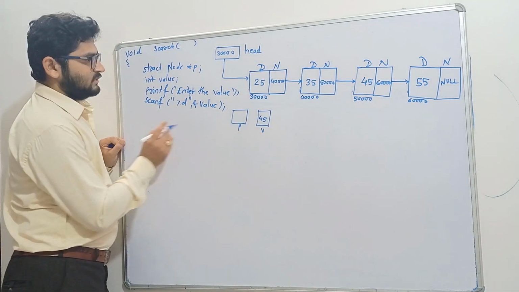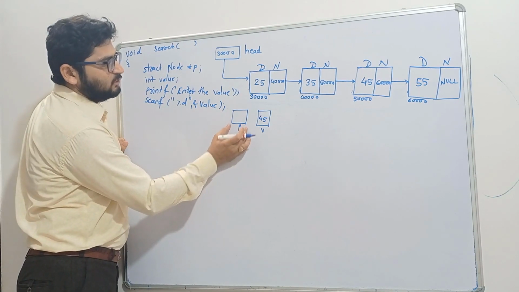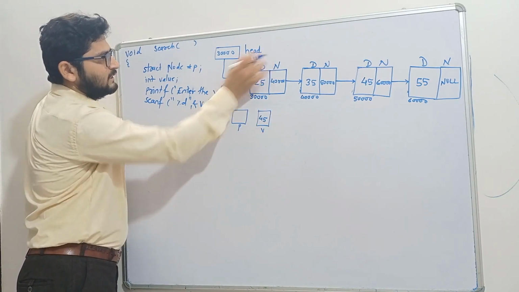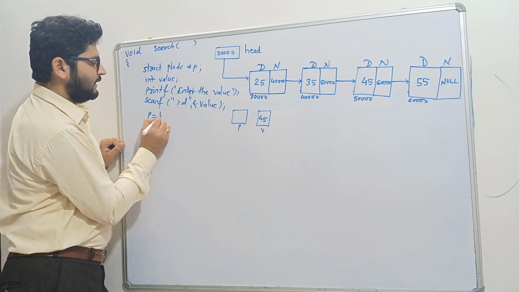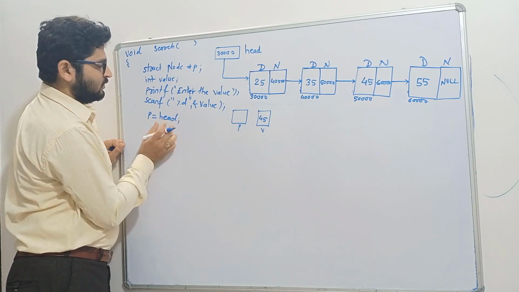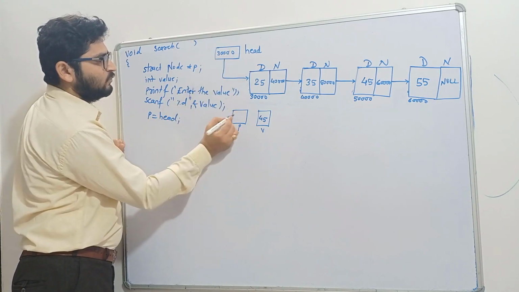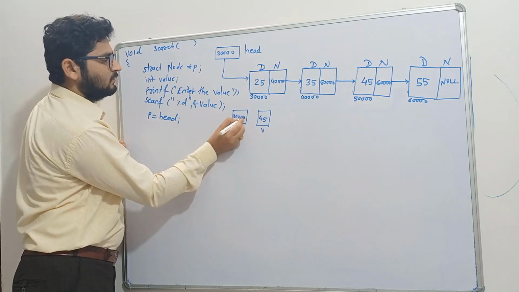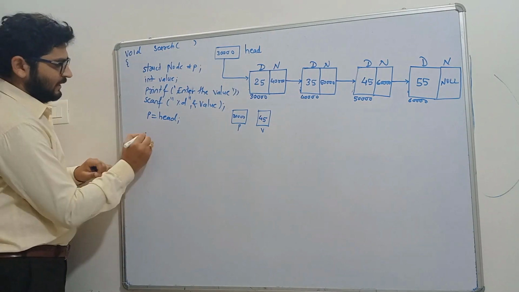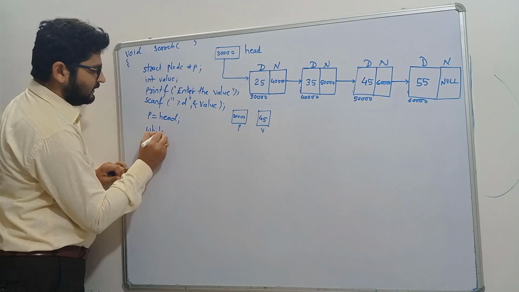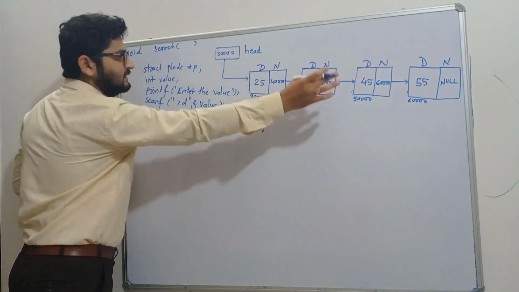Now first of all we will initialize this p to point to this node with the help of head. So we'll write p is equal to head. Because of this statement, 30,000 will be moved into p. Now we will use a while loop to check whether this value is present in the linked list or not.